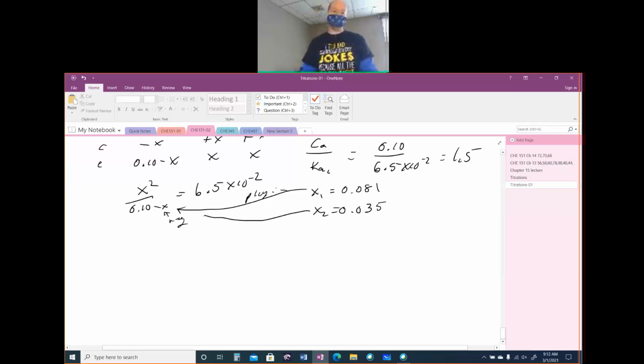We plug that in, 0.1 minus that, times the 6.5 times 10 to the minus 2, and then the square root of that, 0.065. It goes back up. Now x4 is going to come back down. Plug that in, 0.065, times the Ka and the square root. We get 0.048.